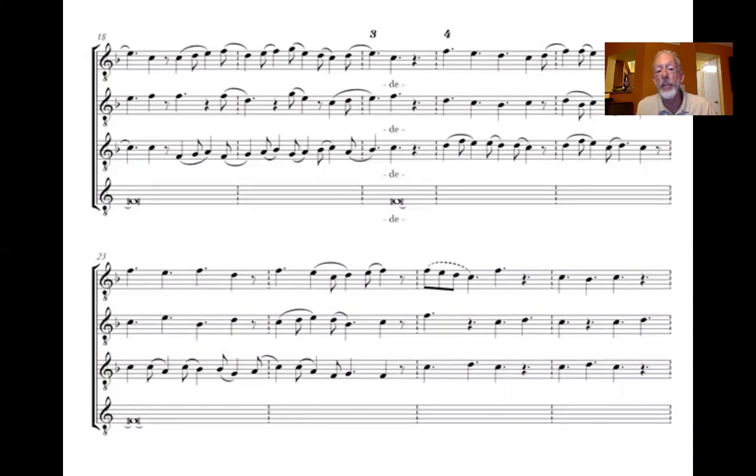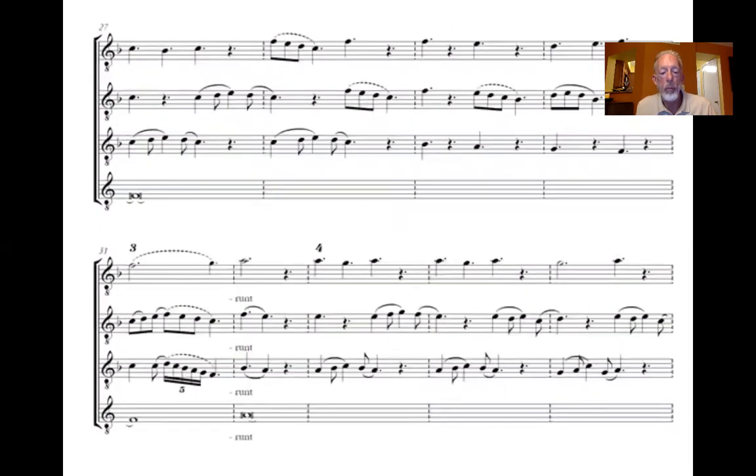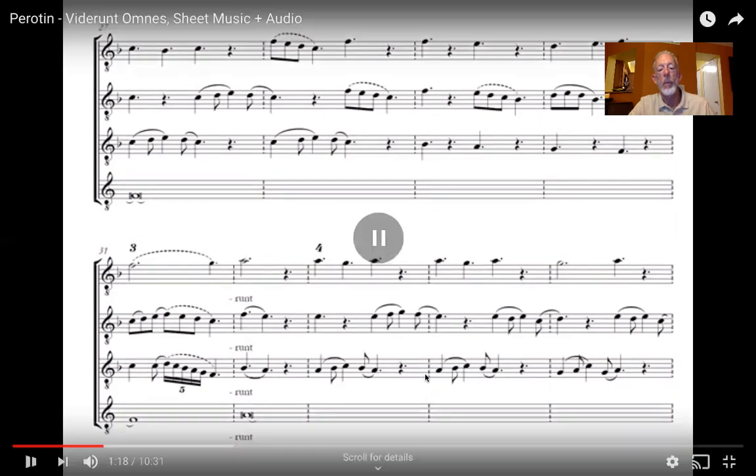And finally gets to the second syllable of the Gregorian chant, and so on.